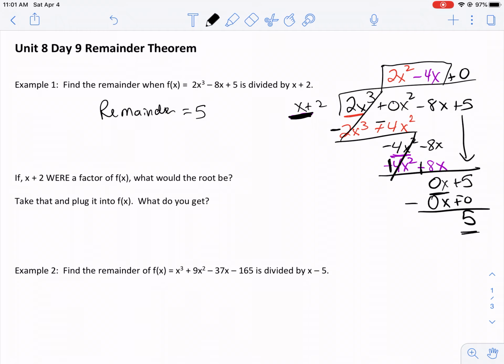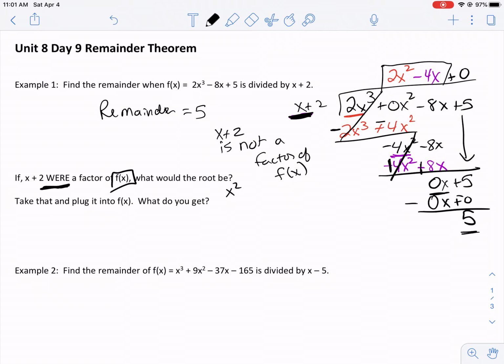So if the remainder is 5, then that means x plus 2 is not a factor of f of x. And it also means, well, if it's not a factor, then we're not going to get a root out of it. So this is saying if x plus 2 were a factor of f of x, what would the root be?